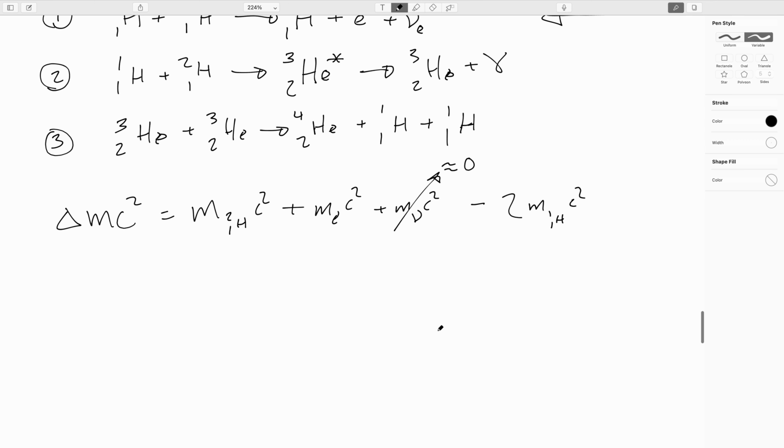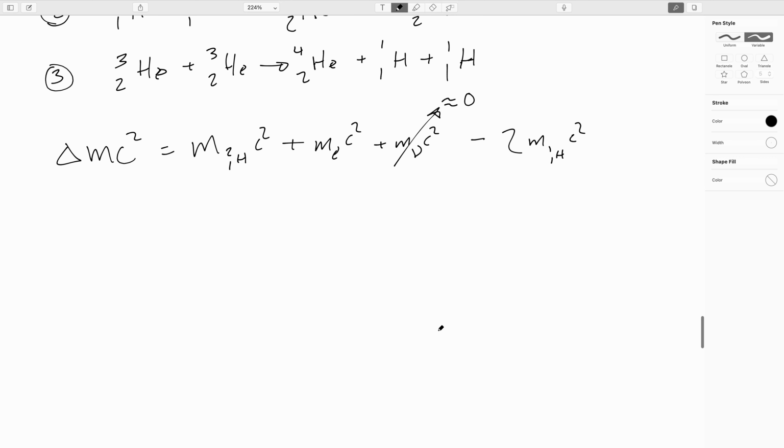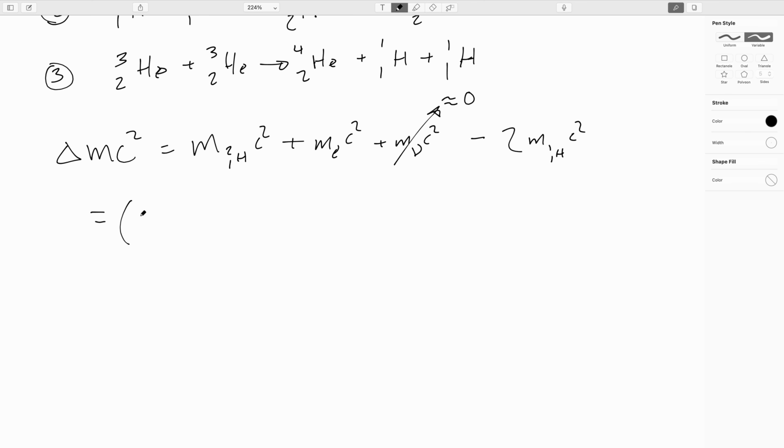All right, now to do this, I am going to have to very carefully take the masses into account. So if you look it up carefully, the mass of a deuteron is 2.014102 atomic mass units. And just converting from atomic mass units to MeV over c squared, we'll put one atomic mass unit in the denominator.